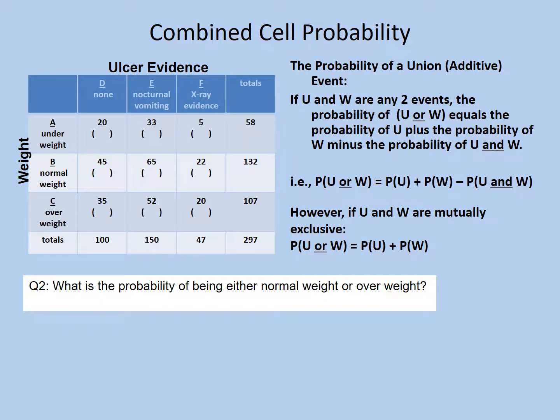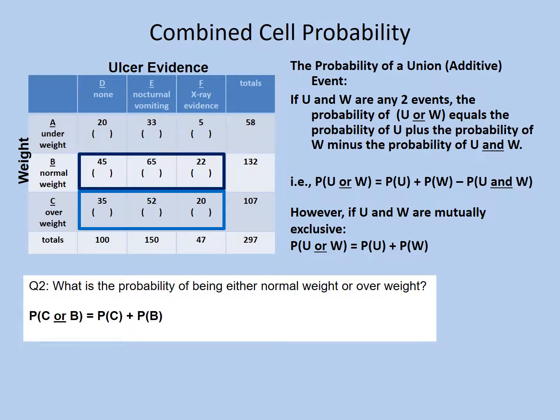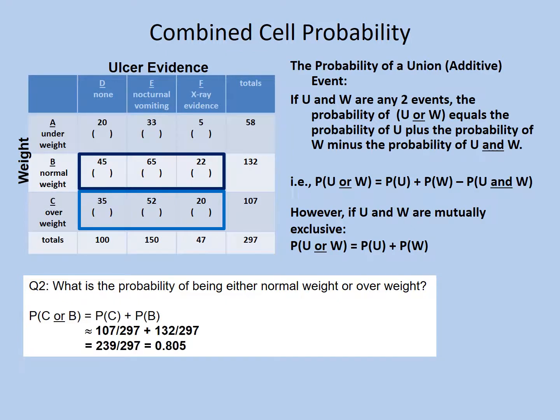Question 2. What is the probability of being either normal weight or overweight? The question concerns mutually exclusive events C and B, so the answer P of C or B is equal to P of C plus P of B. P of C is 107 divided by 297, and P of B is 132 divided by 297.